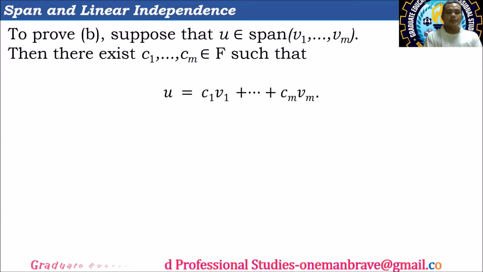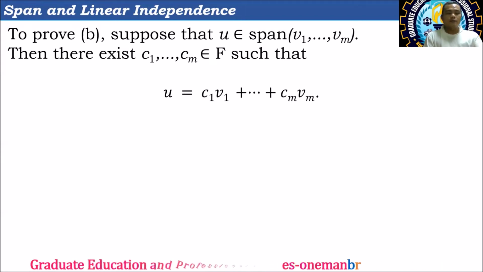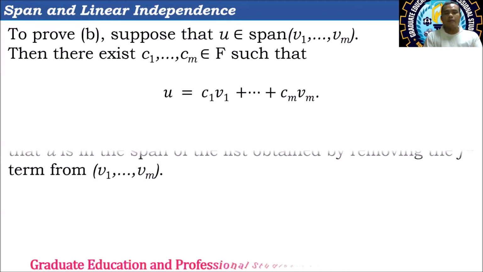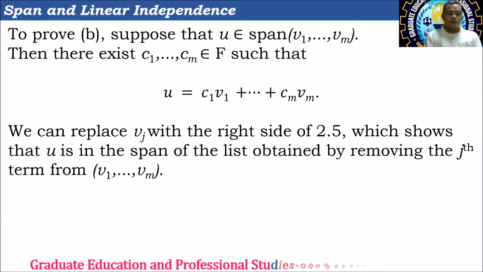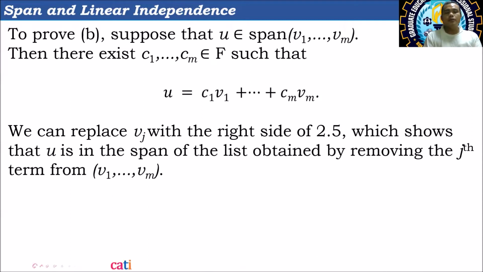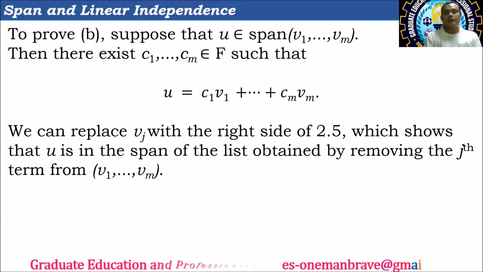We can replace vj with the right side given above, which we call 2.5. This shows that u is in the span of the list obtained by removing the jth term from v1 to vm.